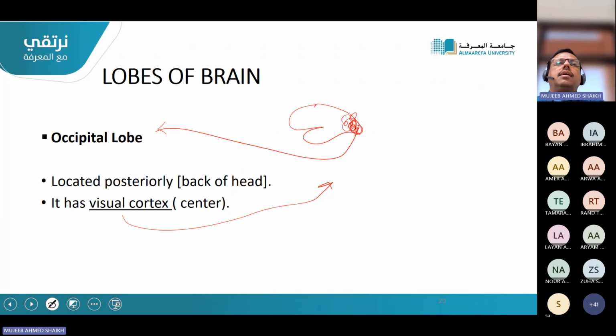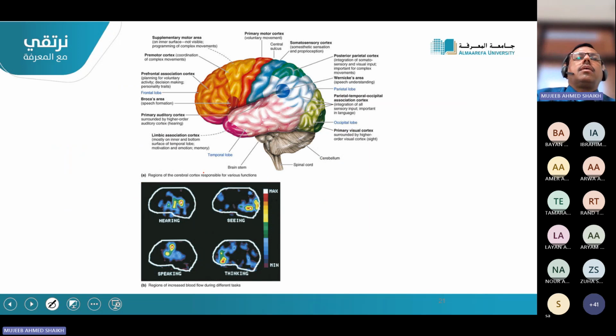Scientists have done several studies. They have taken pictures to show that these areas get activated. The photographs show that activity is increased in these areas because of movement, hearing, thinking, sensation. So that's why they name them as areas.